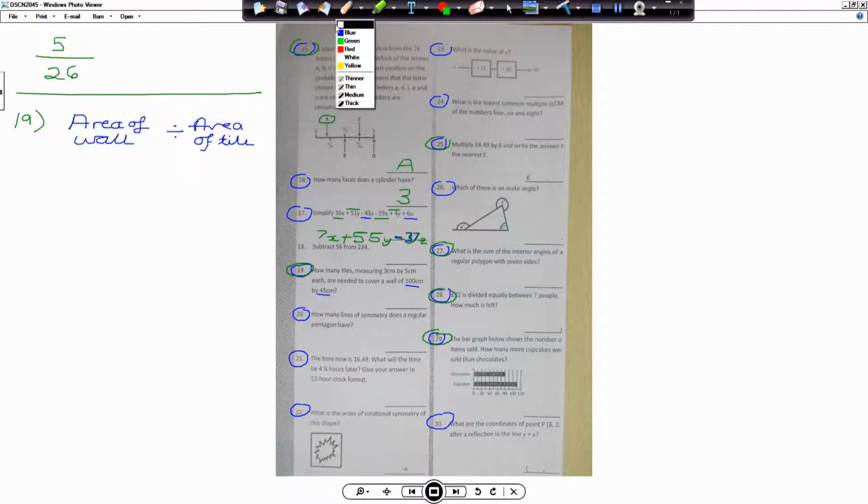Area is length times width. So it's 100 times 45, which will give us an answer of 4,500. And now you have to divide that by the area of one tile. And the area of one tile is 3 by 5.